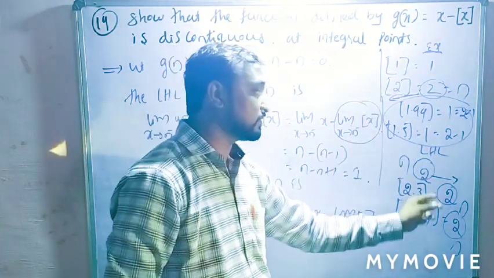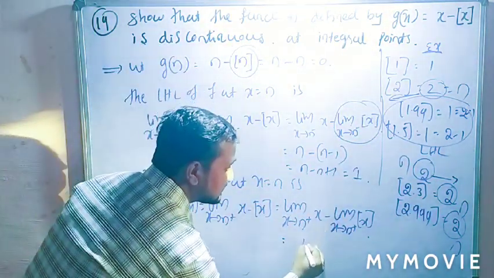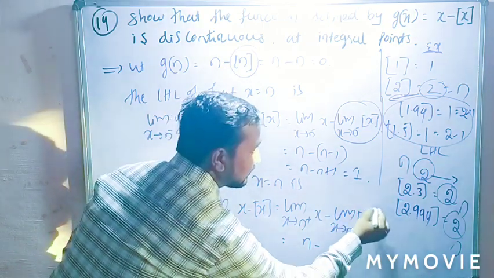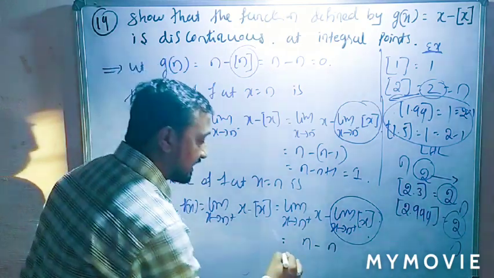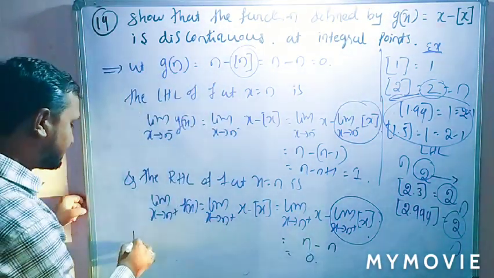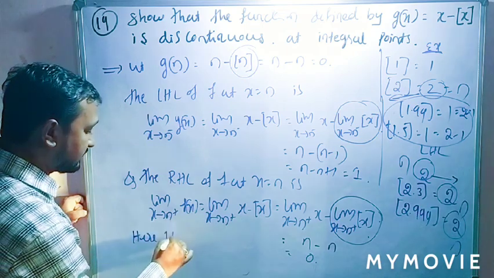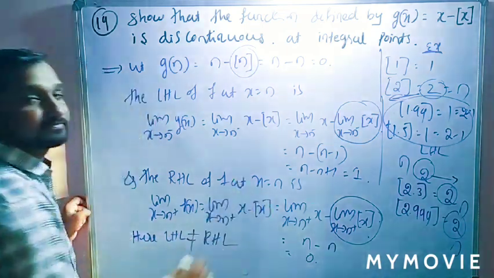That means the RHL value should be n. So the limit of the RHL value should be n, and n minus n is 0. Is that clear? Here LHL is not equal to RHL.